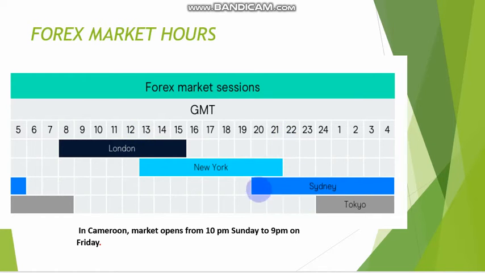The Sydney session is from 19:30 to 4 o'clock GMT, and the Tokyo session starts from 23:30 and continues to 8:30. So that's all about market sessions you need to know.